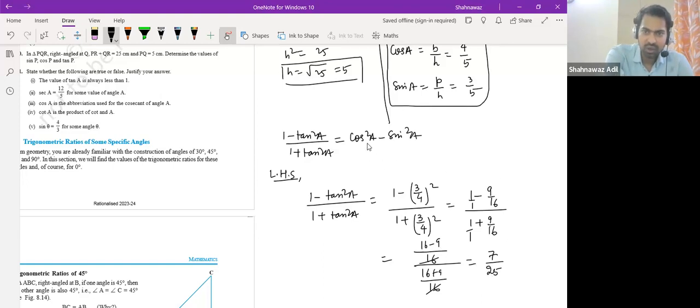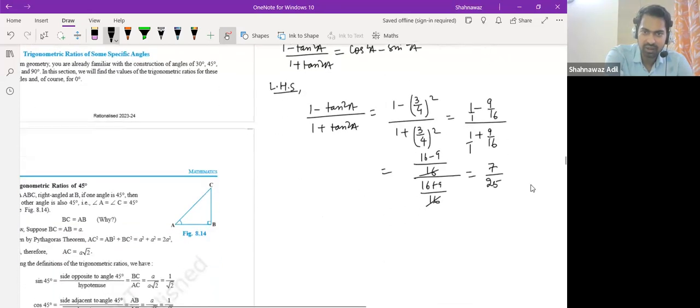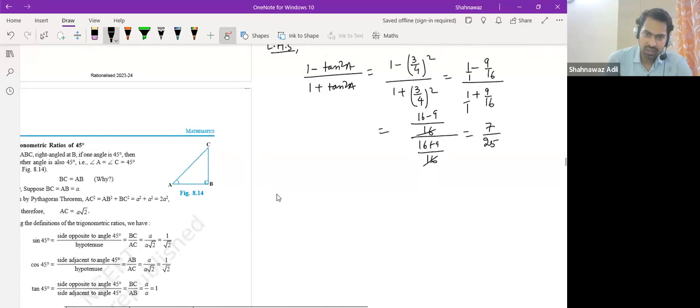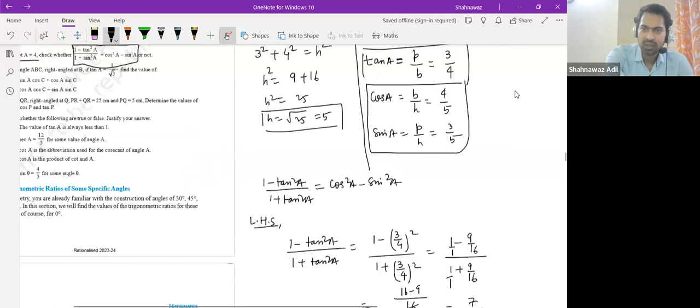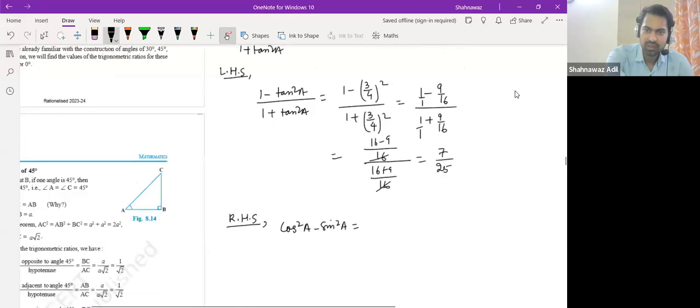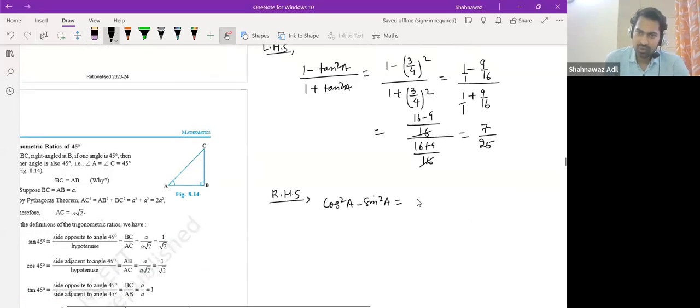Now what is cos square A minus sin square A? We have to also find that out. So RHS is cos square A minus sin square A. Cos A is 4 by 5, so 4 by 5 square, and then 3 by 5 square.